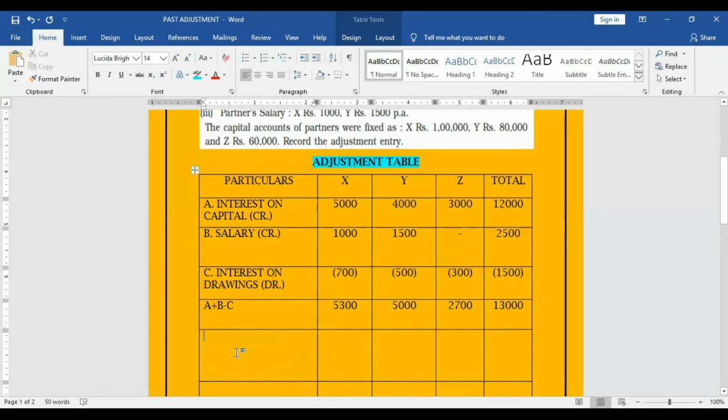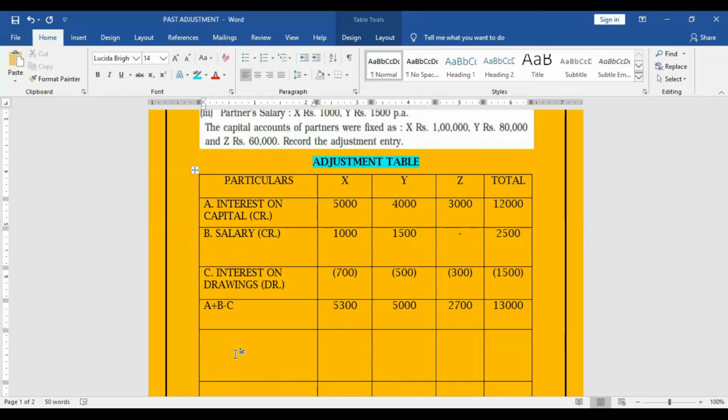Now the final net effect we have to find out, meaning actually what is the mistake they have done. Interest on capital omitted, partner salary omitted, interest on drawing also omitted. That means without appropriation they have distributed the profit. From the earned profit, interest on capital has to be removed, salary has to be removed.